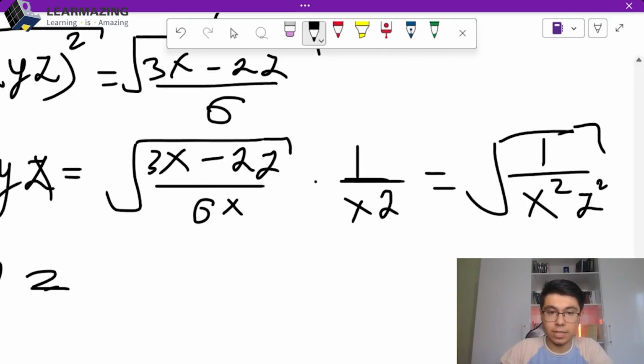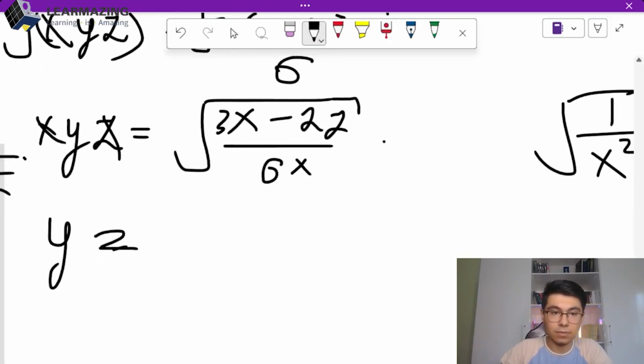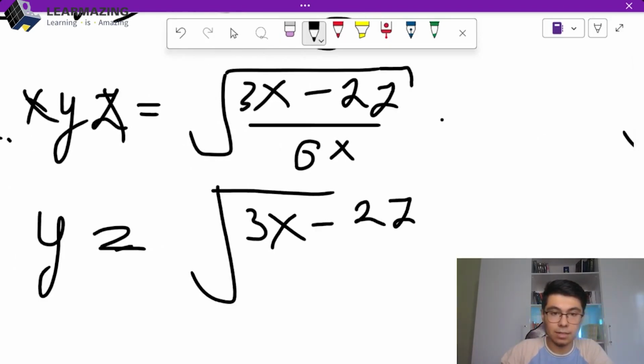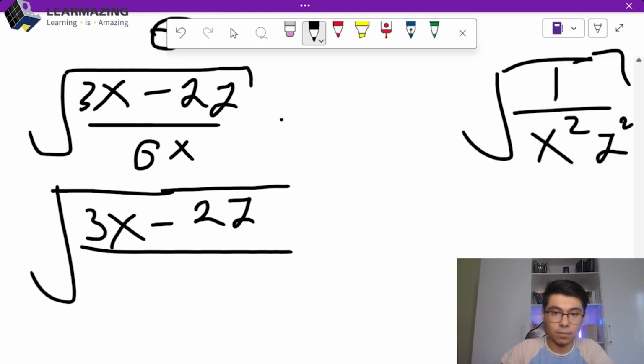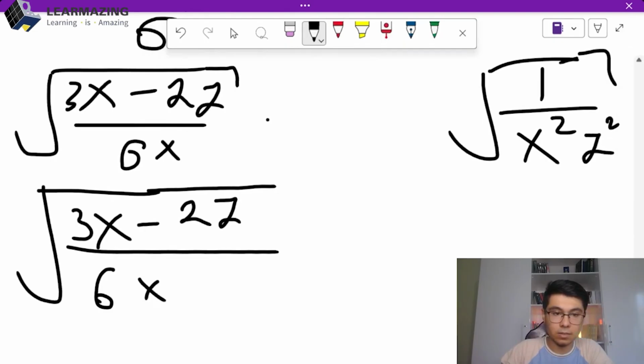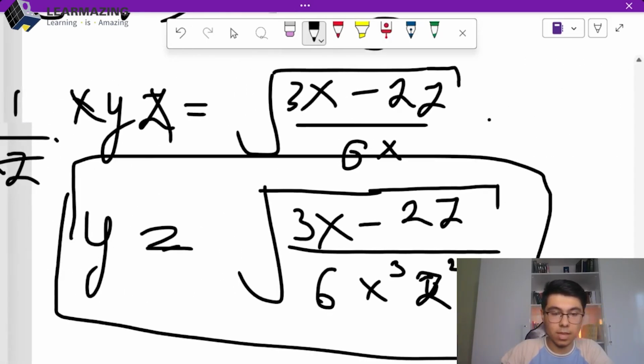So we can rewrite it this way, and then multiply these two things. We can rewrite it as y equals the square root of 3x minus 2z divided by 6x, all to the third, squared. So y is going to equal this.